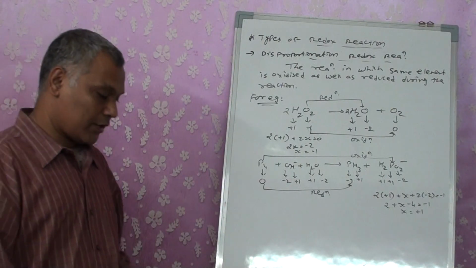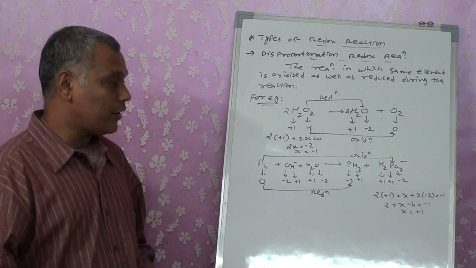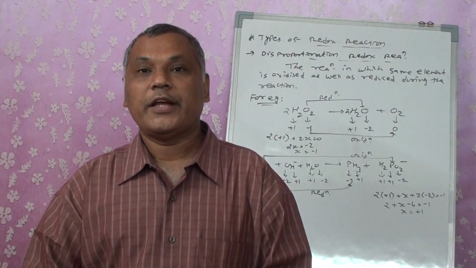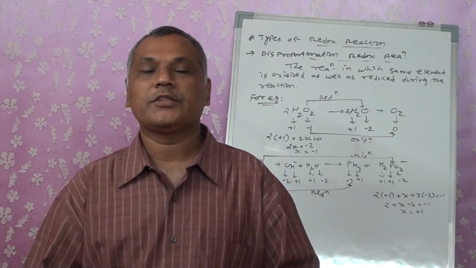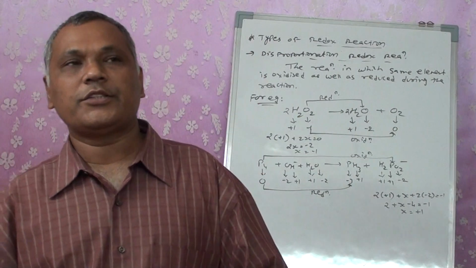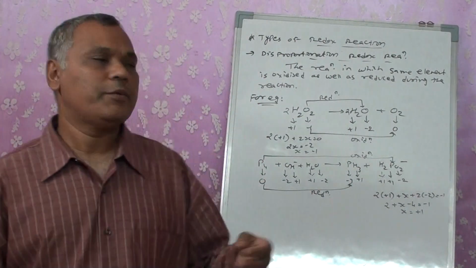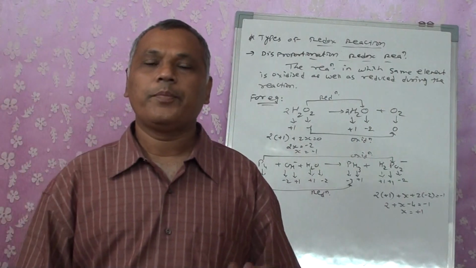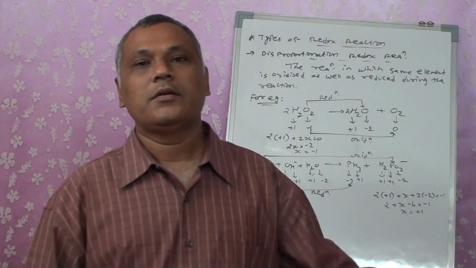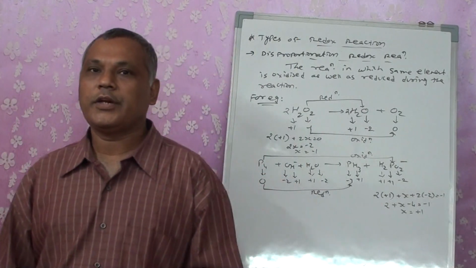So this type of reaction is known as a disproportionation reaction. Right? So those are the types of redox reactions. Many other types of redox reactions are there, like organic redox reactions and auto redox reactions. But for our syllabus, we are having 4 of them: combination, decomposition, displacement, and disproportionation redox reactions.